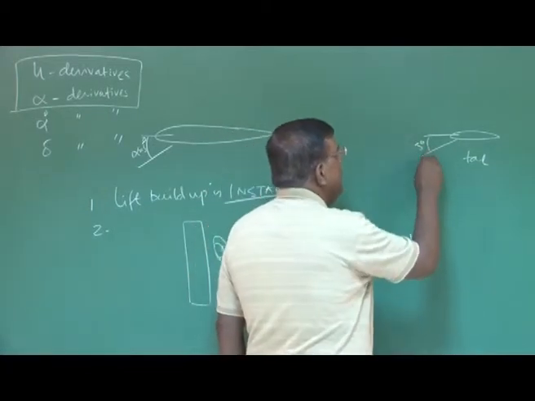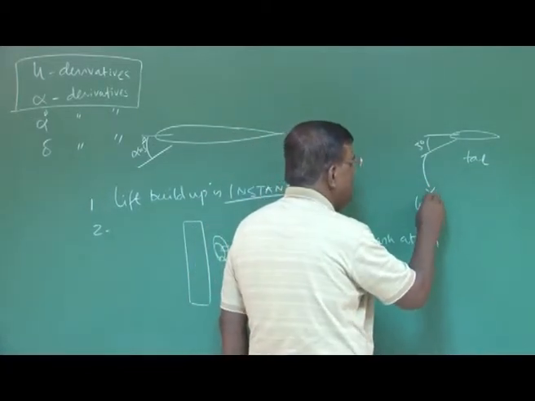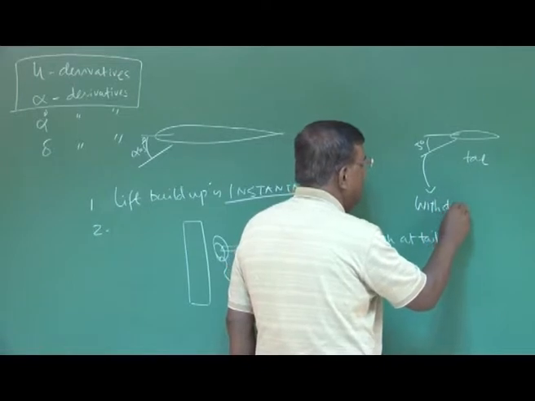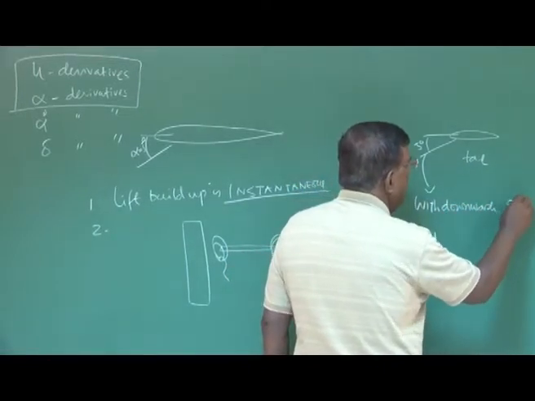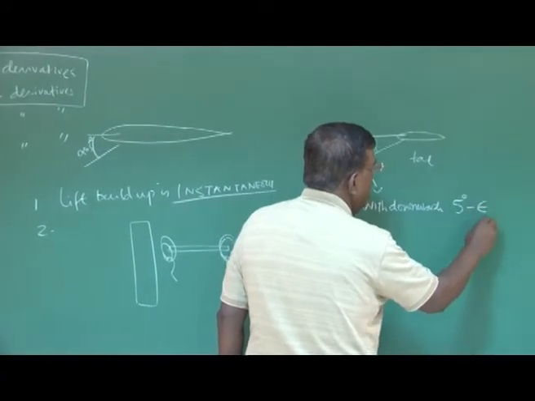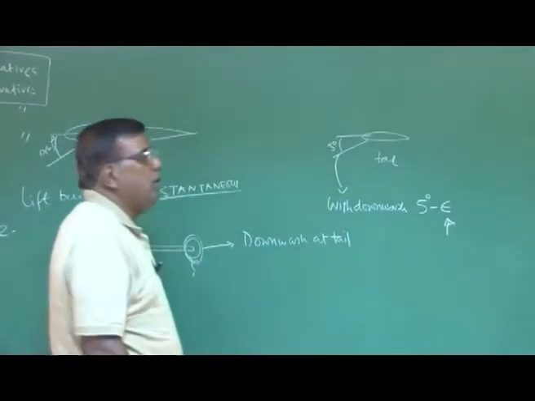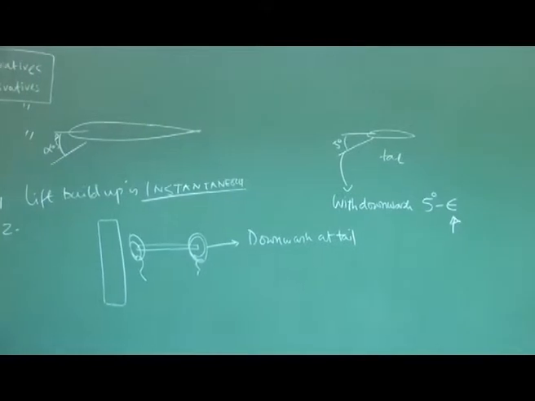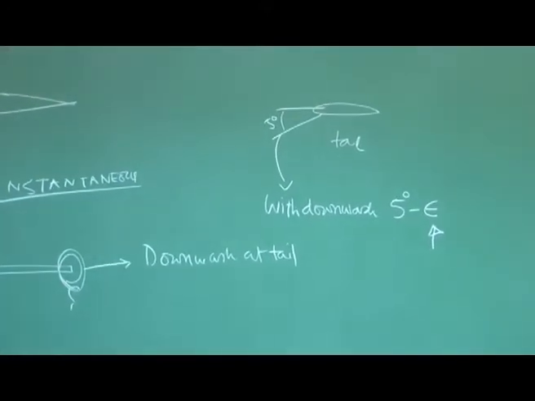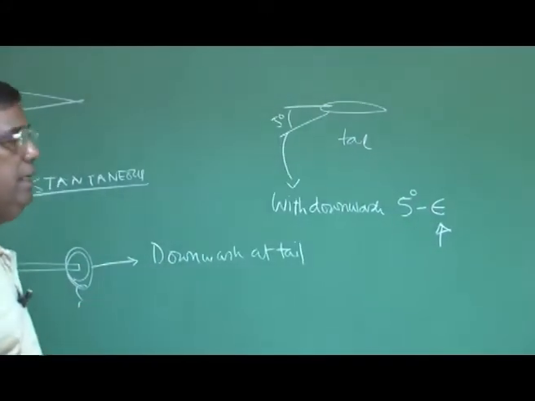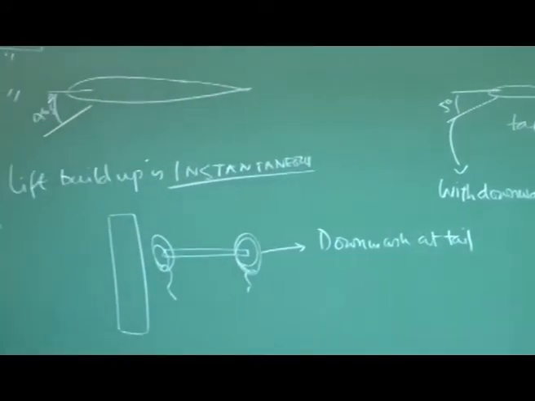So, this angle now with downwash will be 5 degrees minus epsilon, and epsilon is the downwash angle in degrees. This is 1. So, effectively the angle of attack at the tail changes.